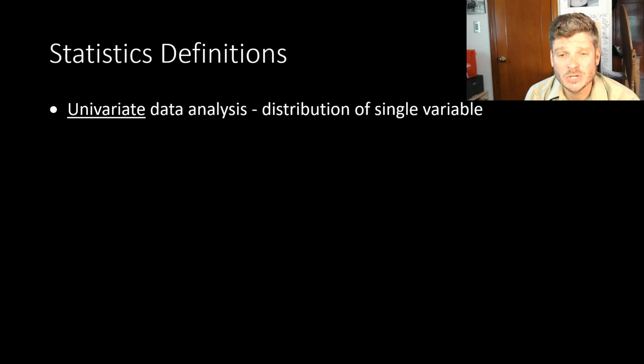But the first definition we're going to look at is univariate. So uni means one, and variate means variable. So it just means that there's one variable. If I'm looking at univariate data, that means there's just one variable and that's it. So, for example, if I decided to collect some data on the different color of cars in the parking lot and went out there and just started tallying the different color of cars, well, that's univariate.